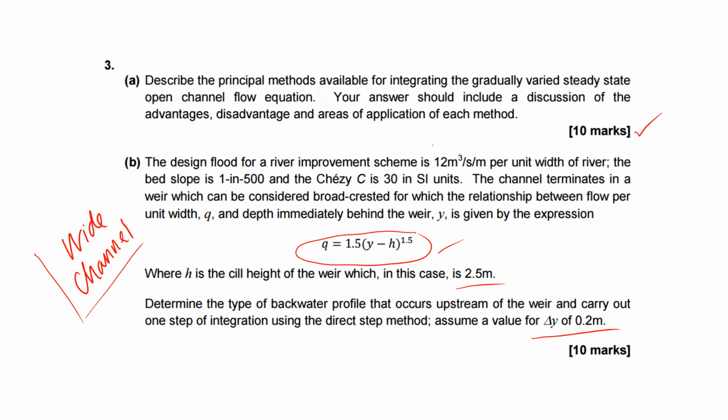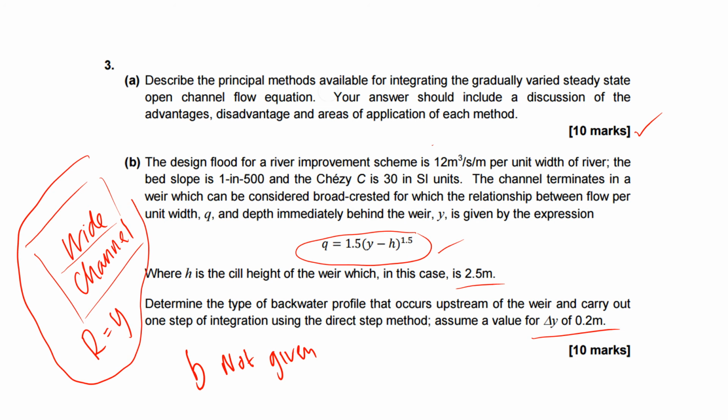It should state that the channel is wide, so R is equal to y, because in this question B is not given. It gets very confusing when B is not given and it also doesn't state it's a wide channel. The channel should be assumed to be wide, so this relationship should be taken into account.